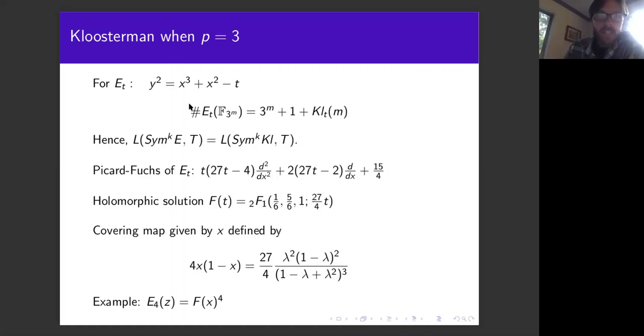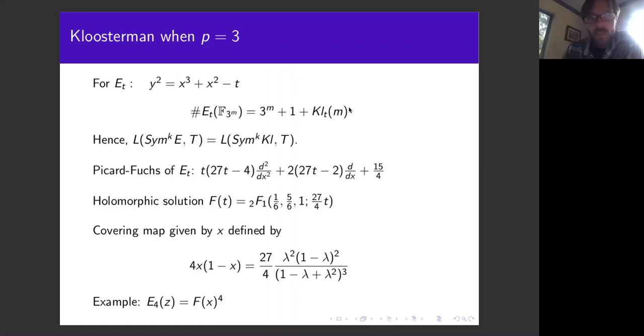And that's because of this expression right here, that the number of F_q points, or F_3 points, is equal to the Kloosterman sum here when p is equal to 3. And when p is equal to 2, the exact same formula is true, but with a different elliptic curve. I'll just state right off the bat that if p is equal to 5, Kloosterman sums are real numbers, but they're not integers.